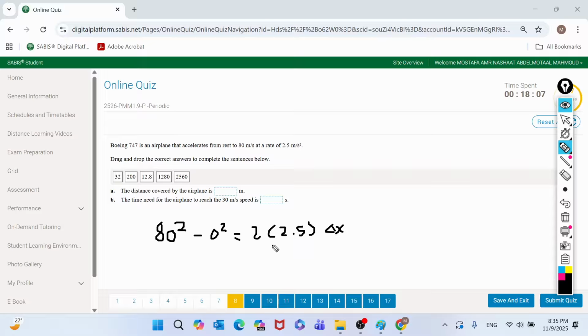So guys, just put it on your calculator, shift solve, and then you're gonna get delta x equals 1280. That's what they want, so 1280. Okay, the second part B, the time needed for the plane to reach 30 meters per second.